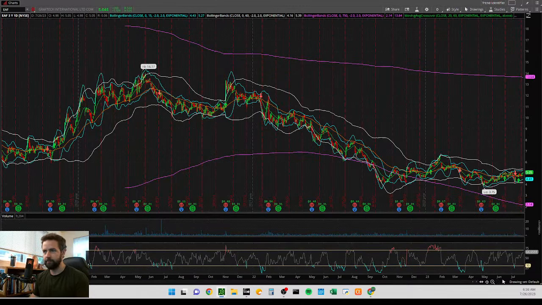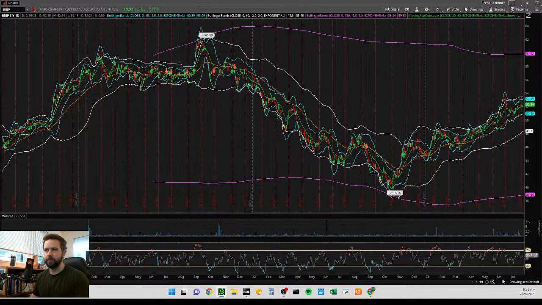Trim a little Japan. Beautiful. Unfortunately, that is the smallest position, BBJP. I'm not really trading it.